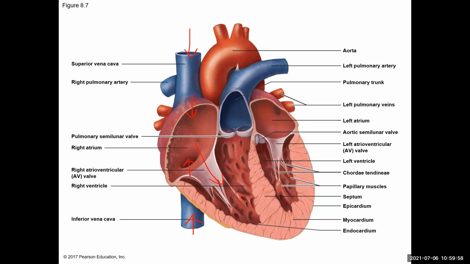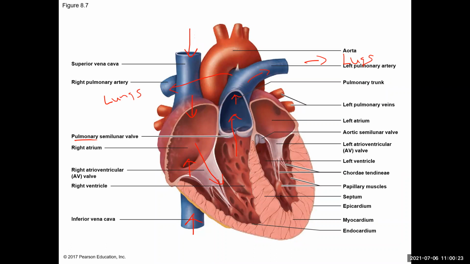The right ventricle will contract, push the blood through the pulmonary semilunar valve into the pulmonary trunk, and then into the left pulmonary artery and the right pulmonary artery. And then this will take the blood to the lungs.